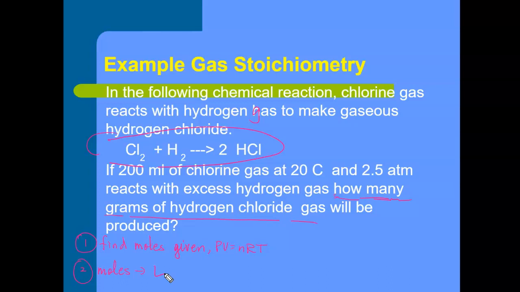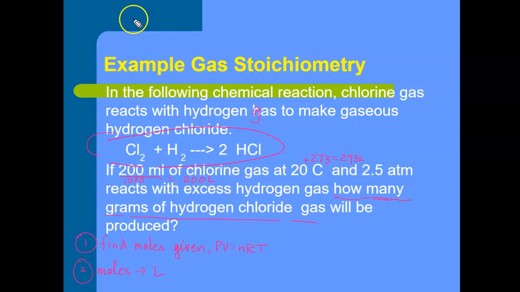So here we go. Let's make sure that all our numbers are correctly prepared. My 200 milliliters has to be converted to liters, so I'm going to divide by 1,000, giving me 0.200 liters of chlorine gas. And my 20 Celsius has to be changed to Kelvin by adding 273, so I have 293 Kelvin.